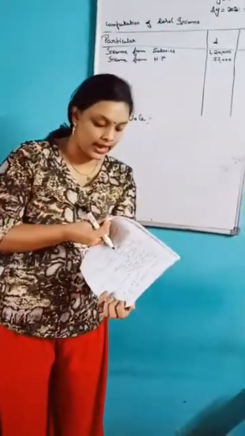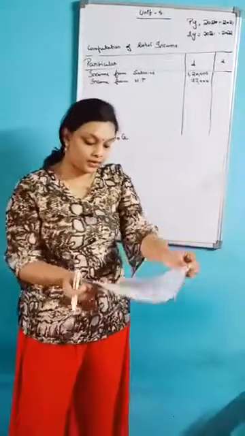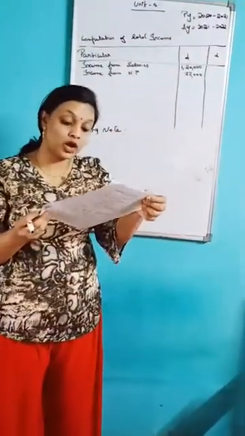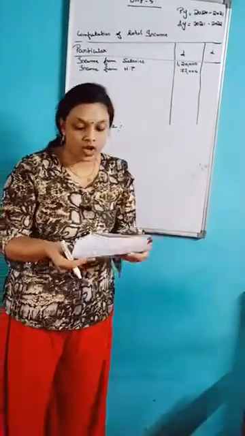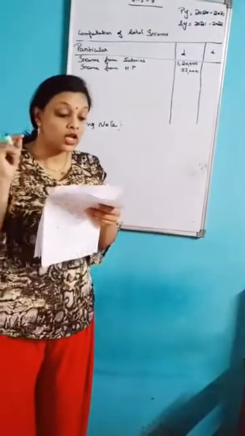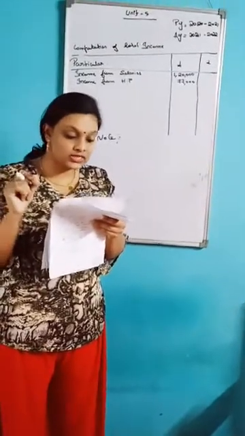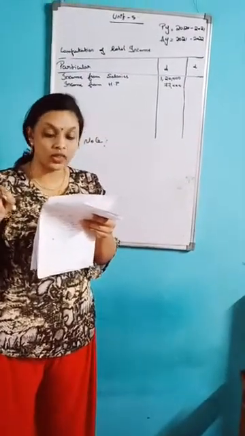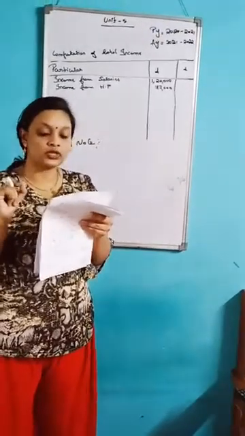So your long-term capital loss cannot be set off against short-term capital gain. Inter-head adjustment is also not possible, so we will carry forward this loss to the next year.